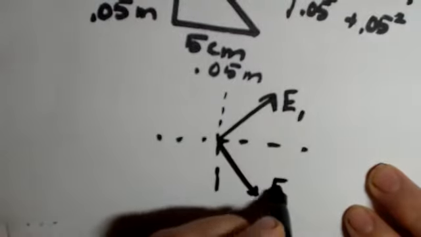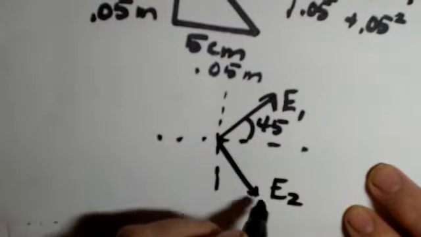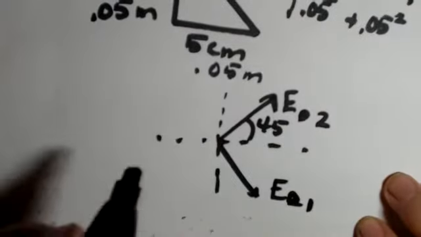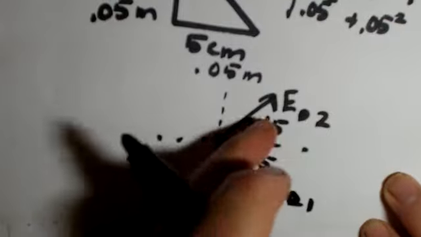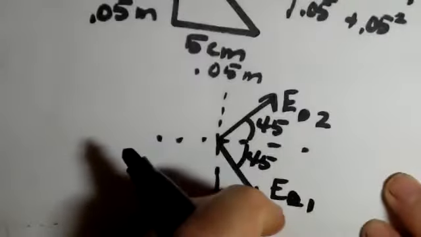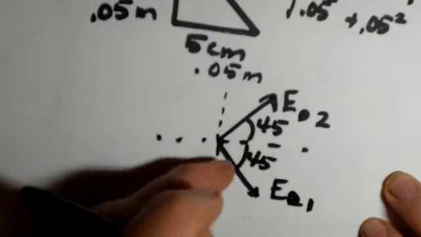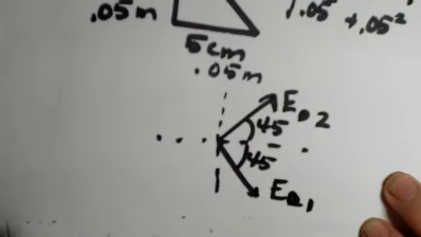I've got E2 pointing down like that. I know these are both 45. Or no, I've got those backwards. This is 1 and this is 2, excuse me. Got those backwards. All right. So they both point like that. I've got E2 points up, E1 points down. They're both at 45 degrees. Okay. So now I'm going to do a vector component problem for that point right there using my picture.